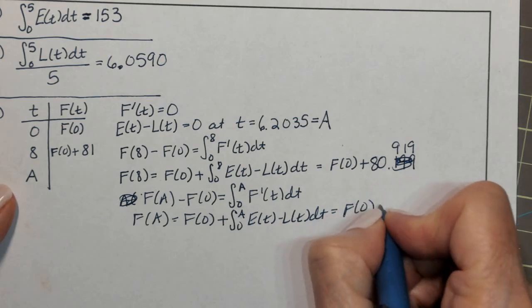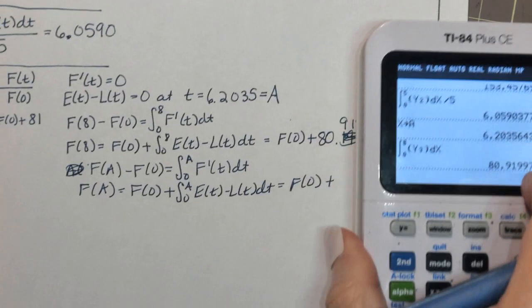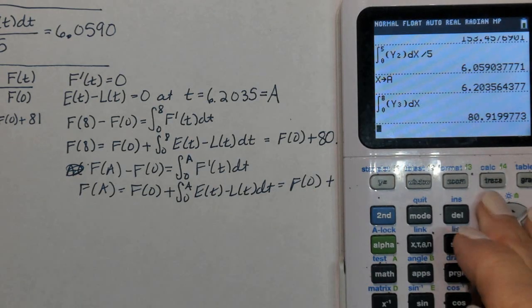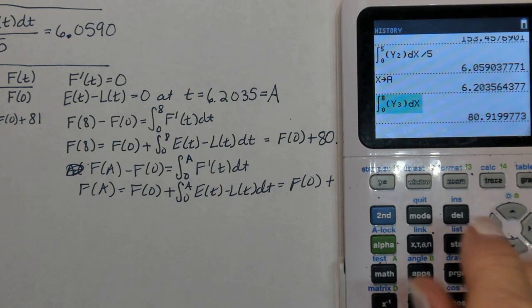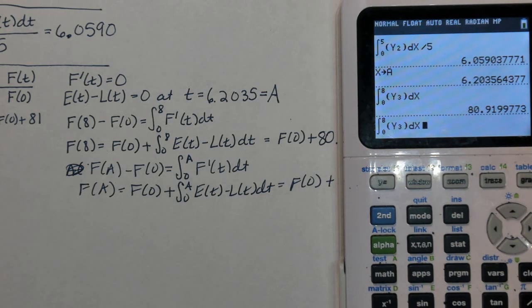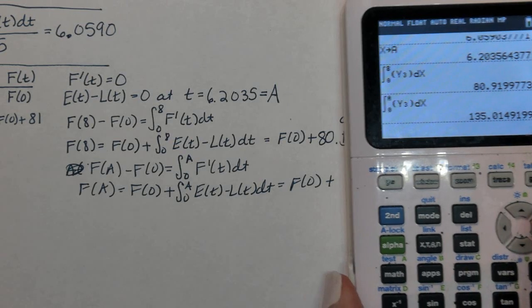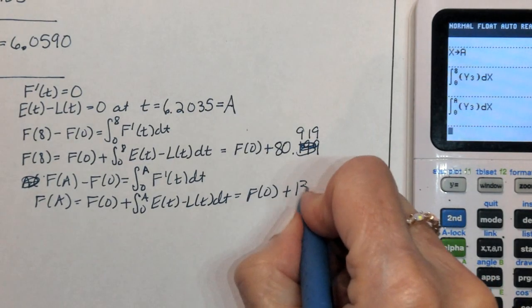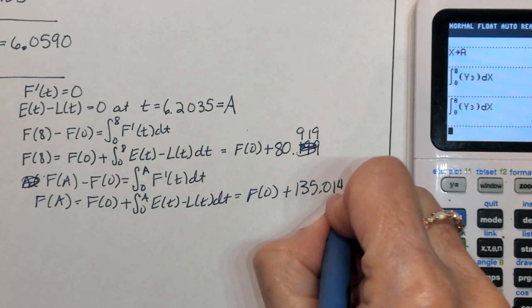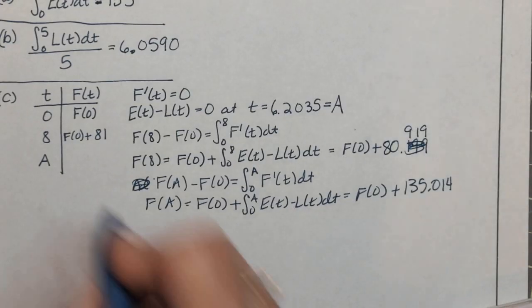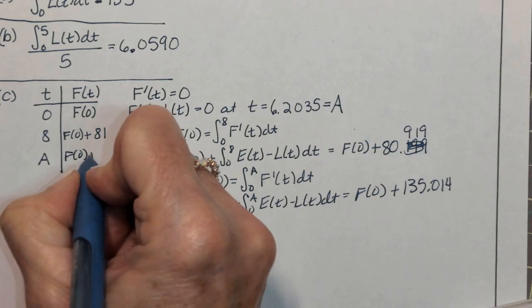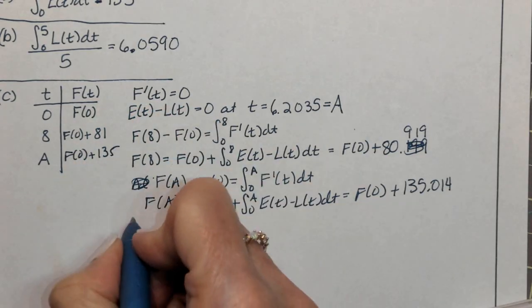And that is f of 0 plus... I'm going to scroll up, hit enter right there. I'm going to go to the 8 and change it to A. 135.014. So f of 0 plus 135.